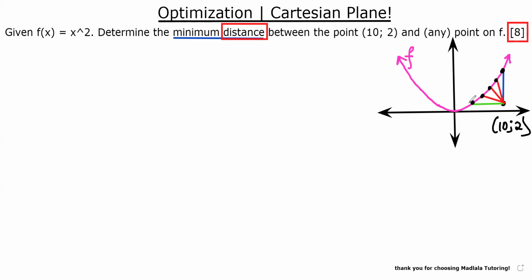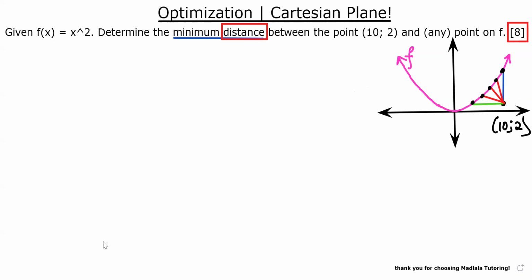But since it is not specified whether it's a vertical distance or horizontal distance, you always assume it's that which is between horizontal and vertical, okay? In which case you need to use the distance formula.